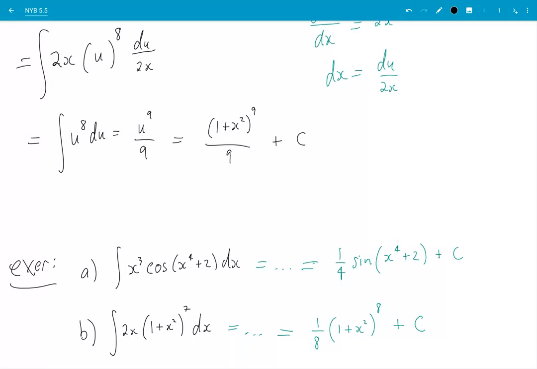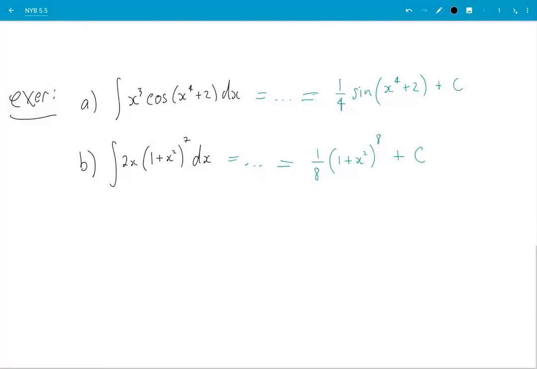So here are the two exercises. Once you pause, copy, and try. And the answers are given there in green. So pause, copy, try. And ask me during class if there are any headaches.